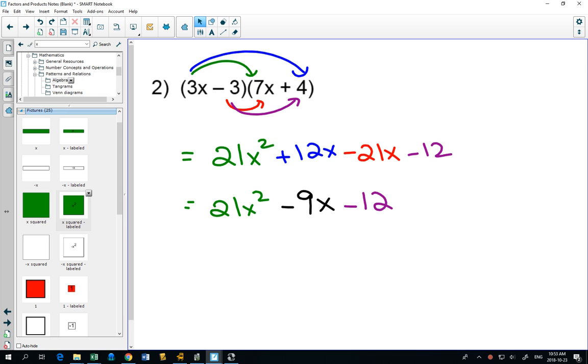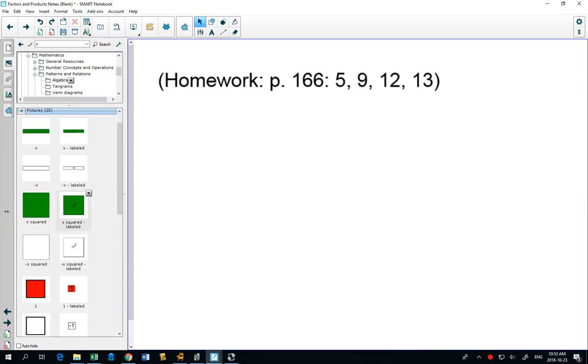Good. A little bit harder with the adding and subtracting the negatives there, but not too bad. All right, so here is stuff to work on.